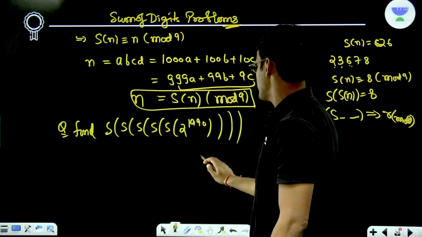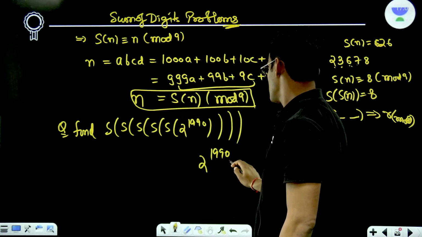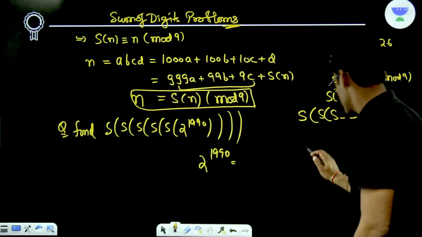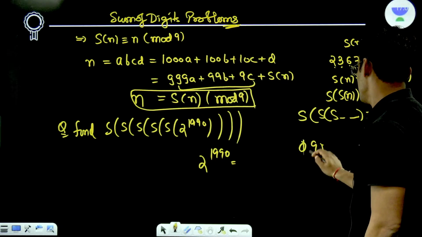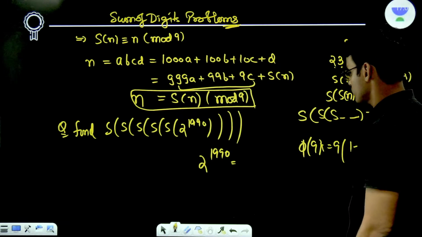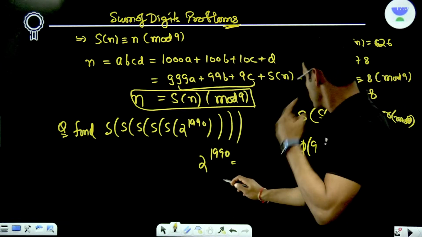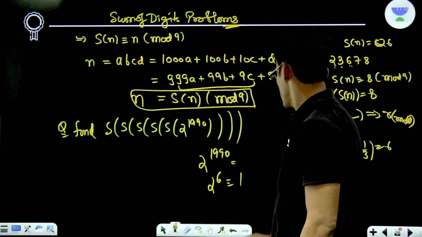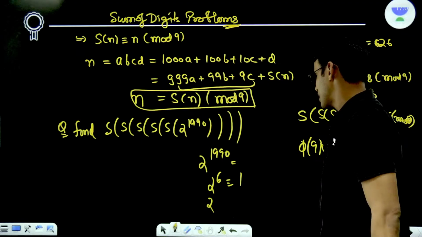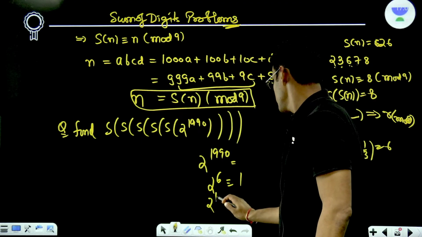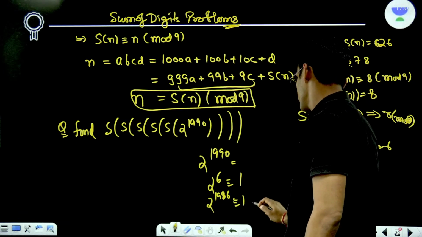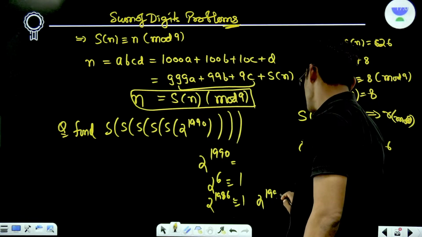What is 2 to the power 1990? 2 to the power 6 is 1 mod 9, so 2 to the power 1990 reduces to 2 to the power 1.